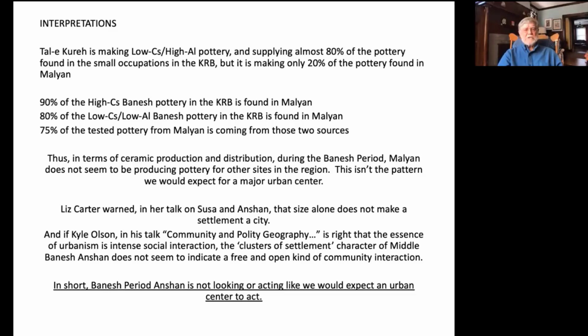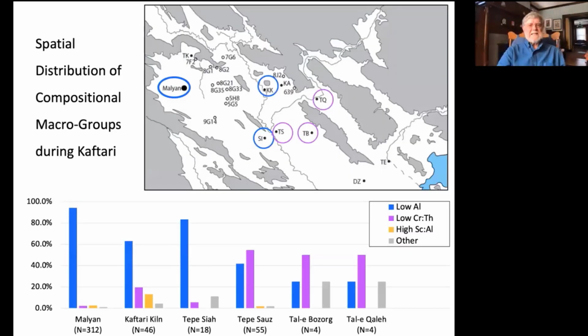So my conclusion is Banesh period Anshan is not looking or acting like we would expect an urban center to act, and I think it's a big settlement, but not a city. Okay, that's strange. Let's look at the Kaftari city.